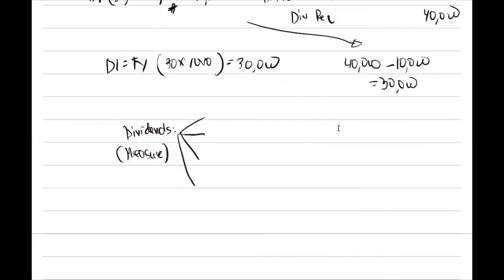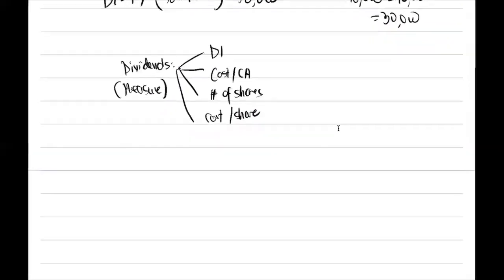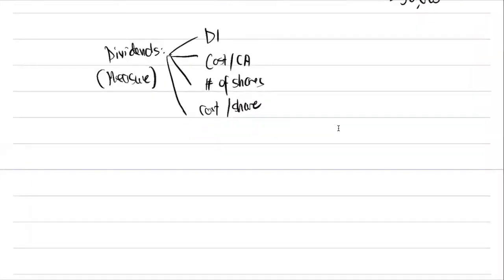But again, you need to know the effect as to your dividend income, the effect as to your cost or carrying amount of the investment, also the effect on the number of shares, including the cost per share. Okay, so to summarize, we have here the effect on dividend income, the cost or carrying amount, the number of shares, and the cost per share.